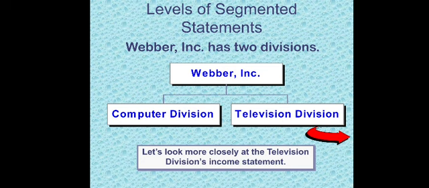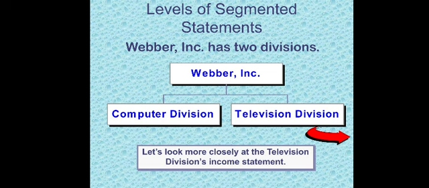In this slide, levels of segmented statements. Okay, there is a business. Weber Incorporated has two divisions. So this is an example in this slide. The company name is Weber Incorporated, and this company or business has two products, so that it has two segments or divisions.